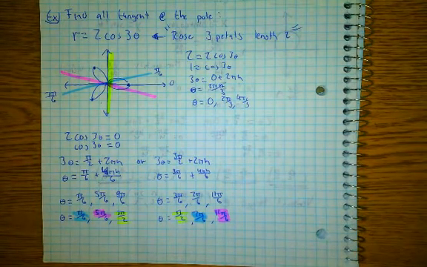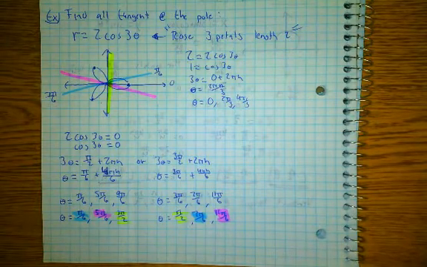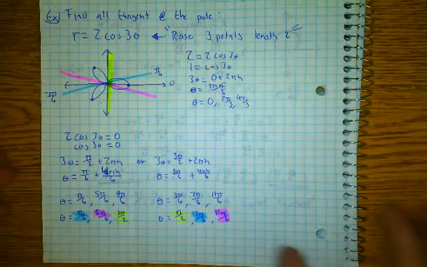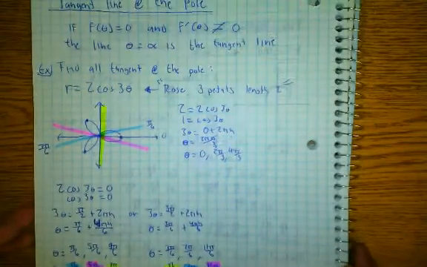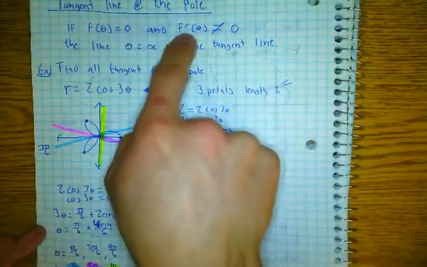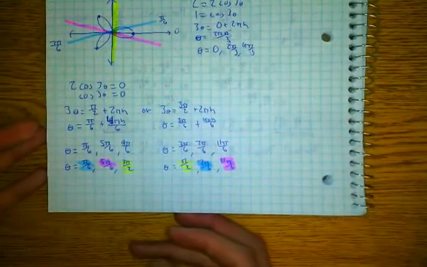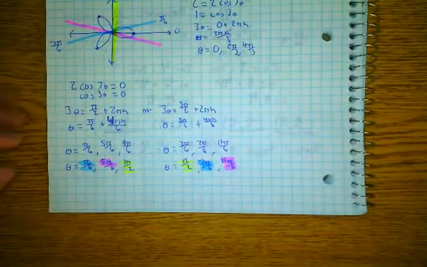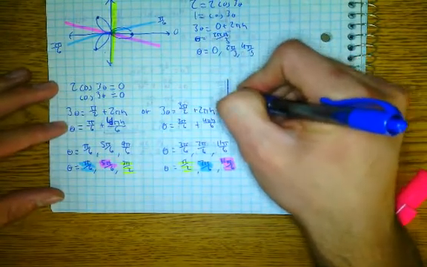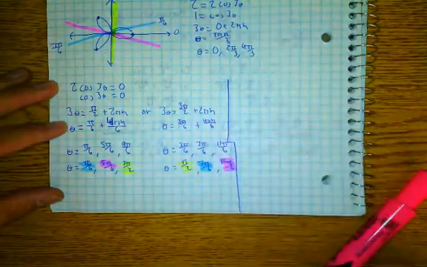right? But there was a second part to the definition of tangent lines at the pole. You need to make sure that what? That the derivative at that angle does not equal 0. Okay? So you must always check that. So I'm going to go to this part of the page.